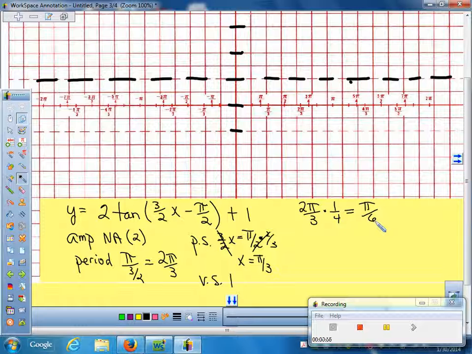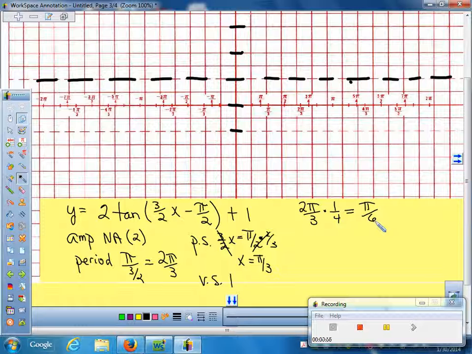Now, here's the change, and the only time you do this is on tangent. Okay? Your phase shift is pi over 3. What's at the phase shift? Nope. On tangent, what shift?